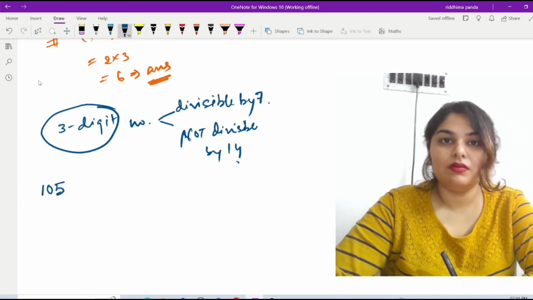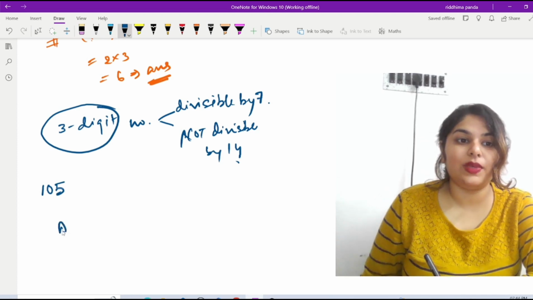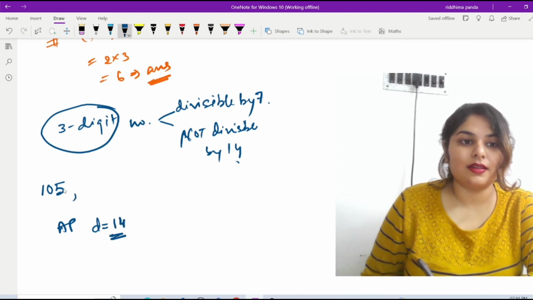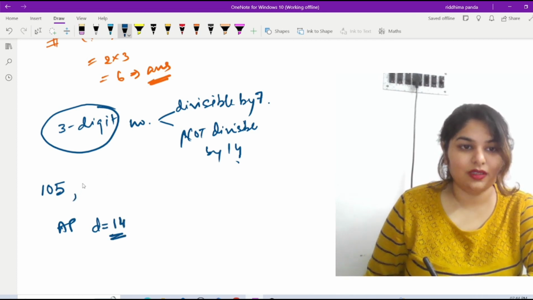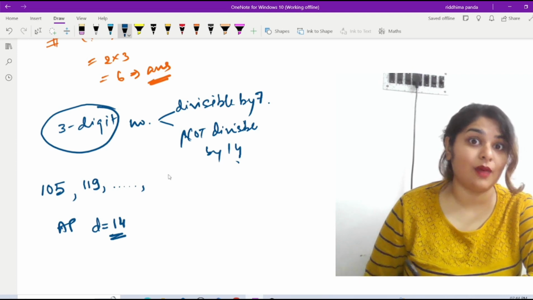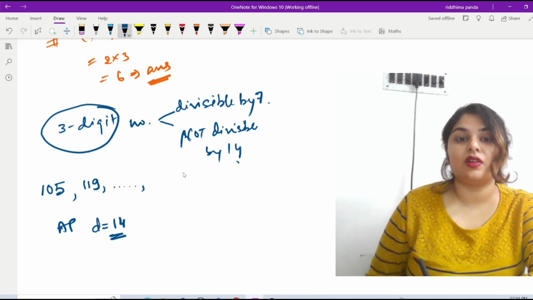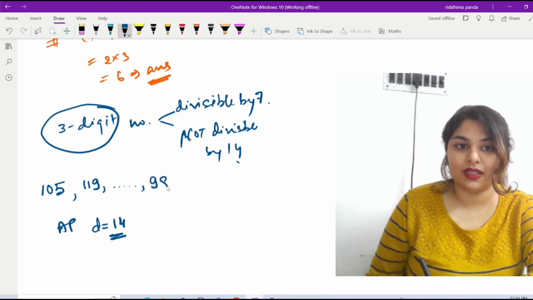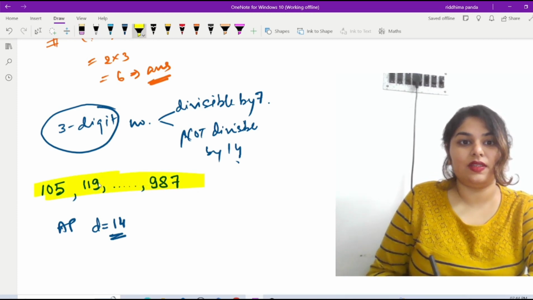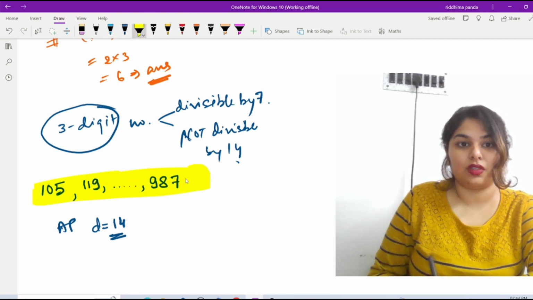Now we have to form, let's say, an AP series where I'm going to take the difference as 14. So the next term after 105 will be plus 14, so that is 119, and so on, such that the largest 3-digit number divisible by 7 but not by 14 will be 987. So this is our AP series with d equal to 14.